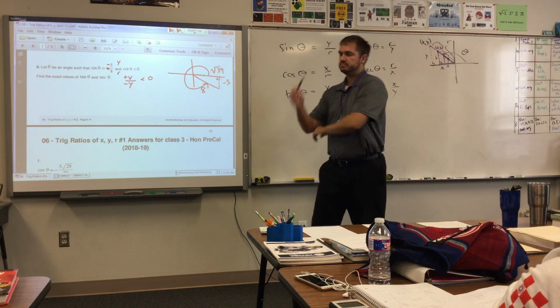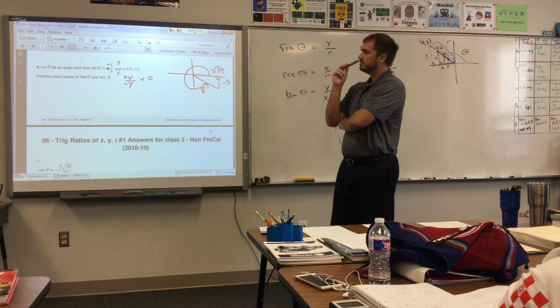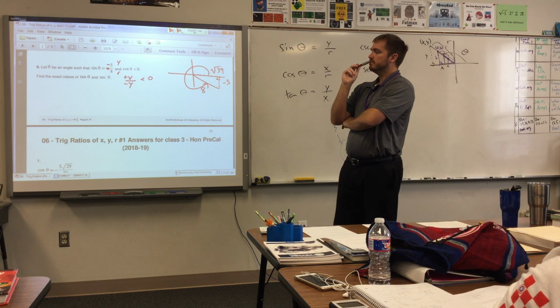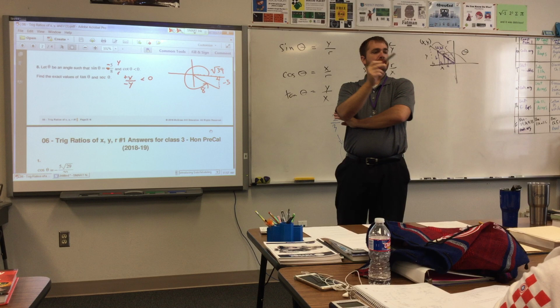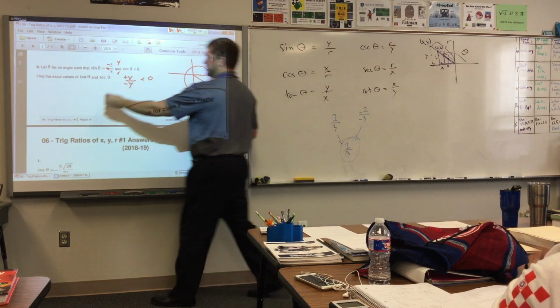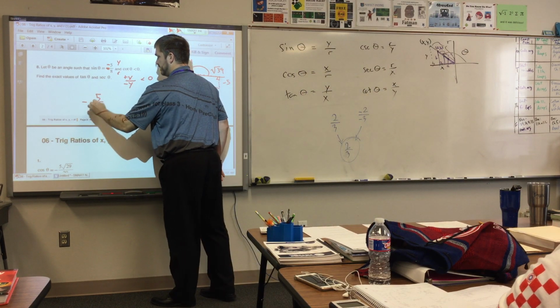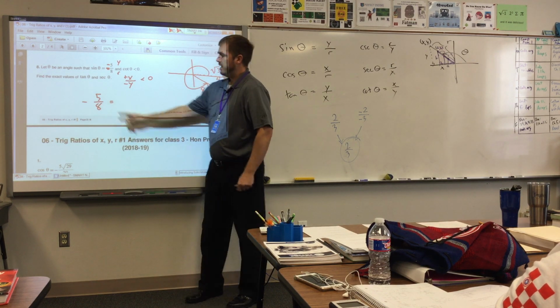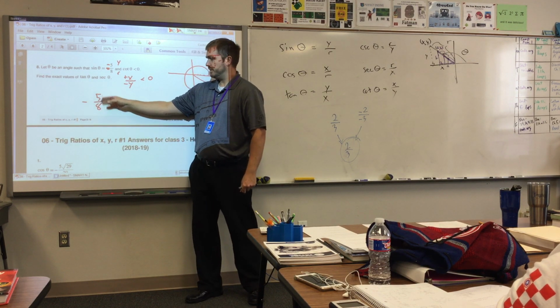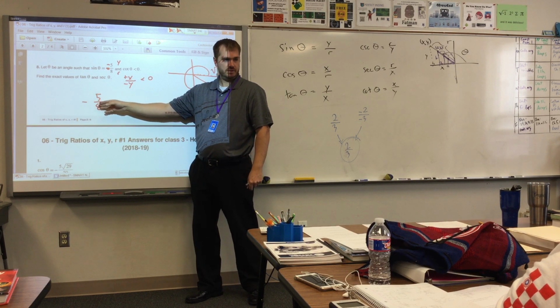I'm probably just slow, but I'm kind of confused on how we know the y is negative. Okay. So we started off with -5/8, right? Yes. So that negative in front doesn't really help us out. It doesn't tell us which one of those is negative.